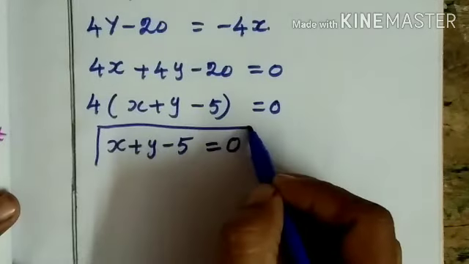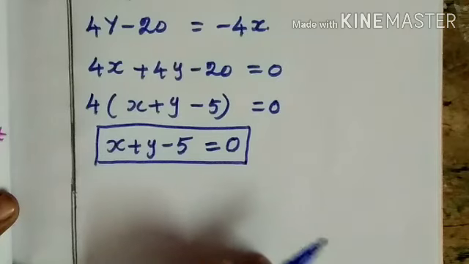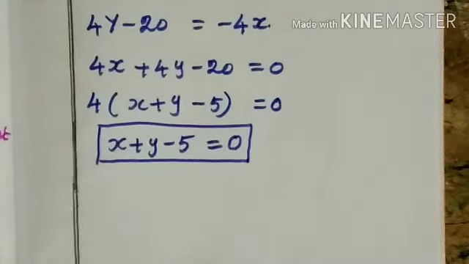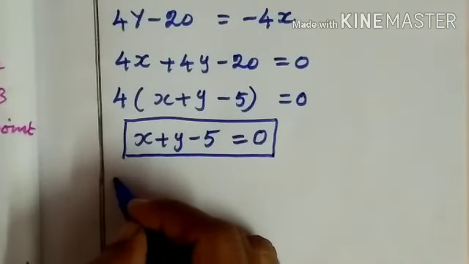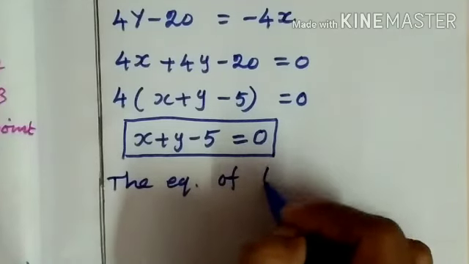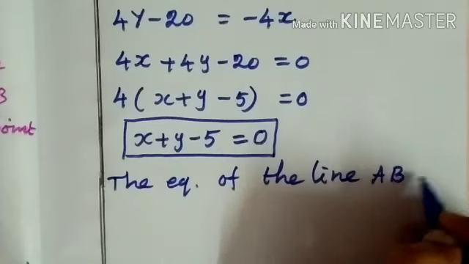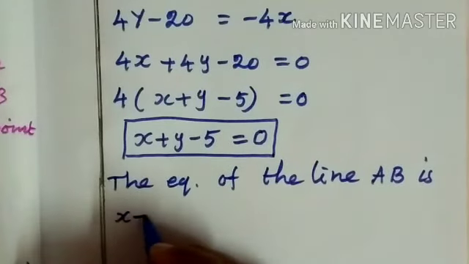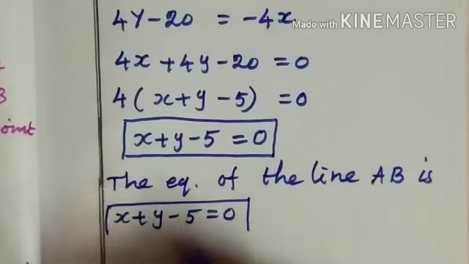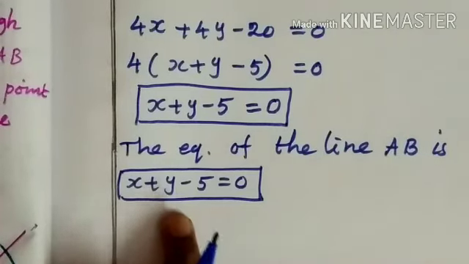Hence the equation of the straight line AB is x plus y minus 5 is equal to 0. Now take down and write the answer. The equation of the line AB is x plus y minus 5 is equal to 0. This is the answer for the first subdivision.